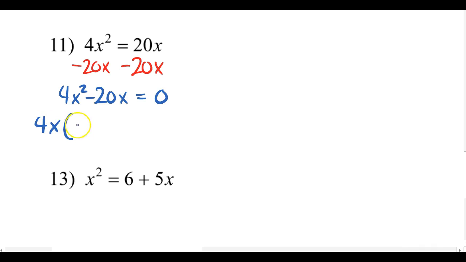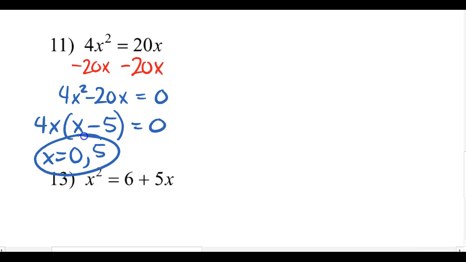And then 4x times x equals 4x squared, minus 4x times, and then 4 times what equals 20? 5. x times what equals x? Well, it's 1, so we don't need to write 1. And again, the number I would plug in here to make it 0 is 0. And then I would plug in here, x is a liar, so this negative 5 would be positive 5.